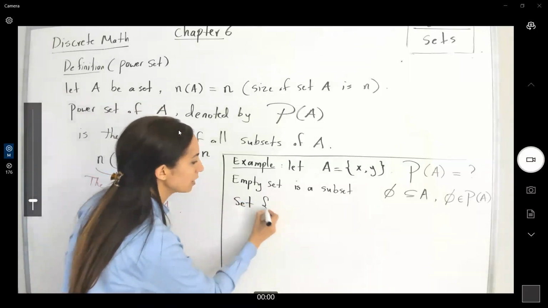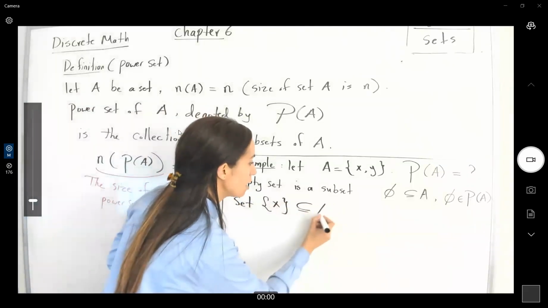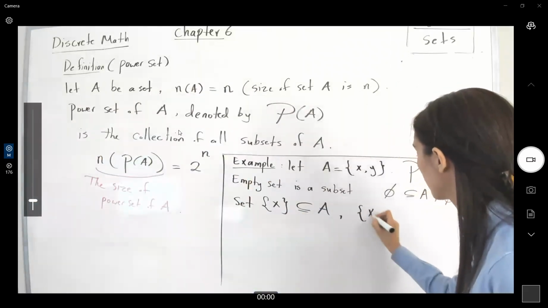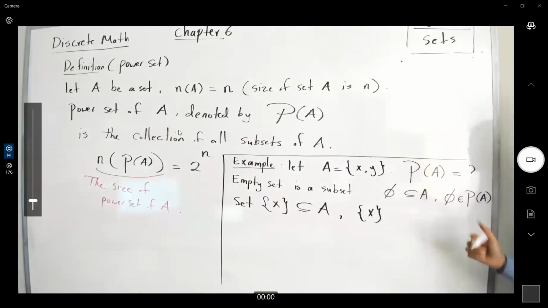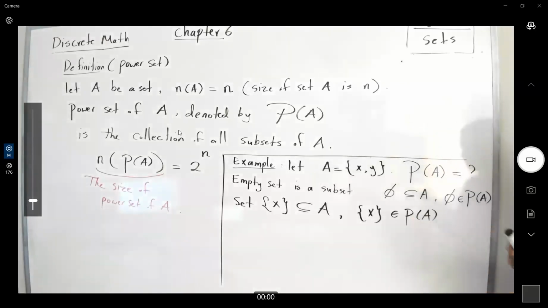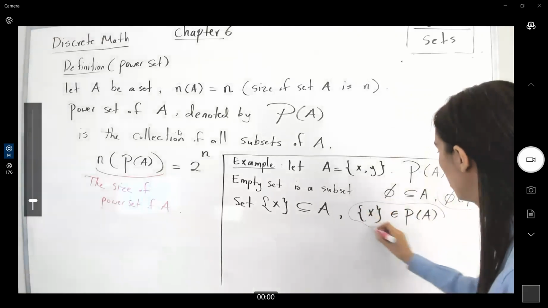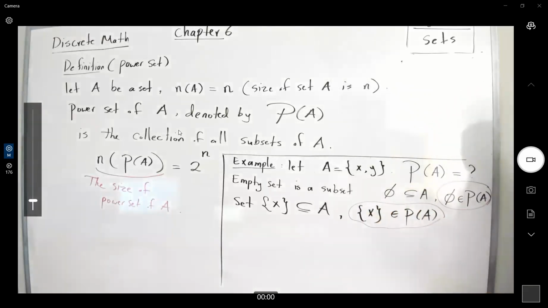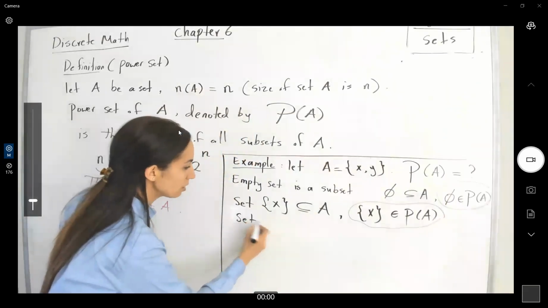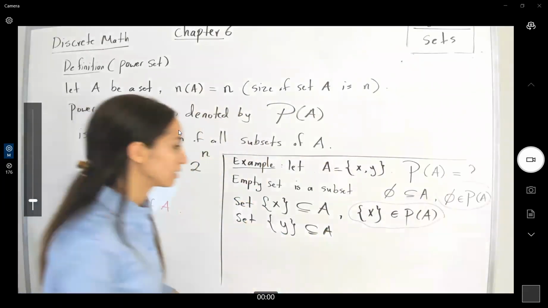A set including just one element is a subset of A. So the set including X belongs to power set of A. Let me put these in circles so we know what the elements of power set of A are. The set including Y is a subset of A. We already know that.